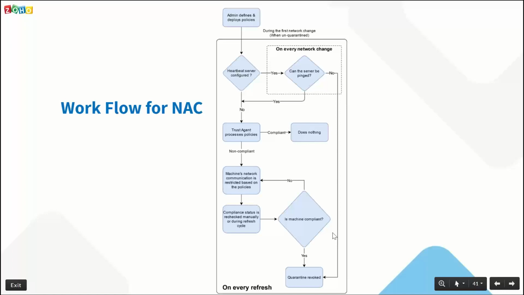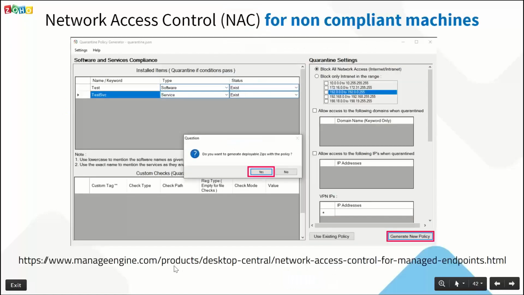Network access control, or NAC, is available as a separate module to desktop sensors. So you can reach out to support to download this module and check it out, or you can check out this particular web page that has a detailed step-by-step description on how to download and use this network access control module for desktop sensors.